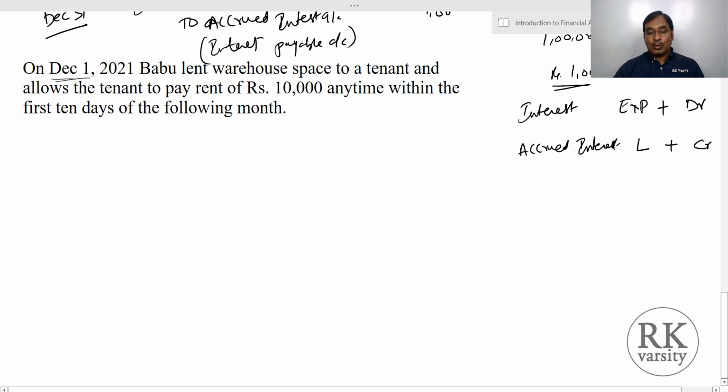So one is your rent receivable, and second one is the rent. Rent receivable is an asset because you have to receive a rent.